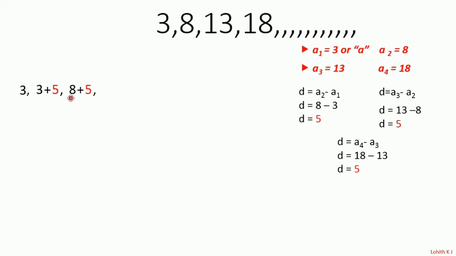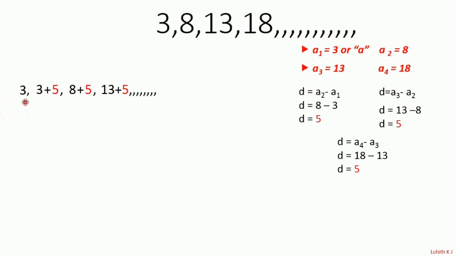Next in order to get 18, I have to add common difference to its preceding term, that is nothing but 13 plus 5. Similarly it continues. In the next step, we can rewrite this 8 and 13 as 8 can be written as 3 plus 5 and 13 can be written as 3 plus 5 plus 5, so that I have to get the values of 3 as a and 5 as d.